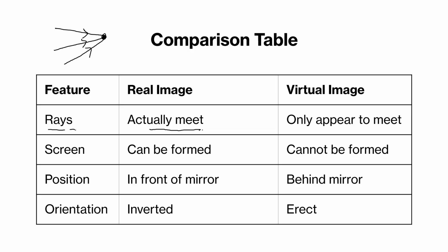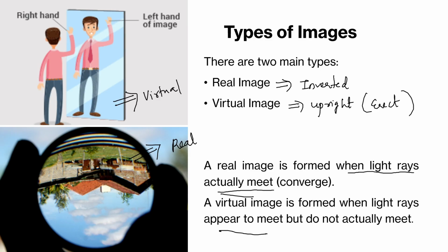Virtual images are formed when they appear to meet, or we usually say the rays appear to diverge. Real images can be obtained on a screen. This real image that you can see in the mirror can be projected on a screen. That is the speciality of a real image.